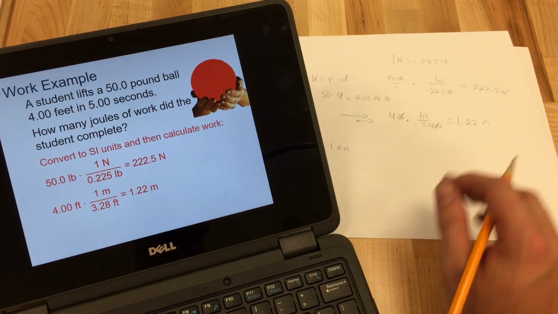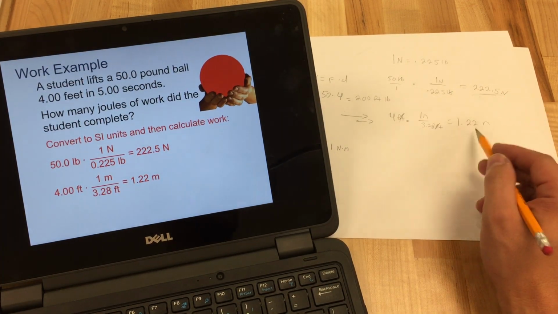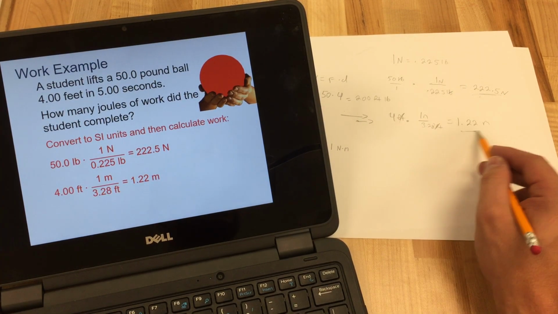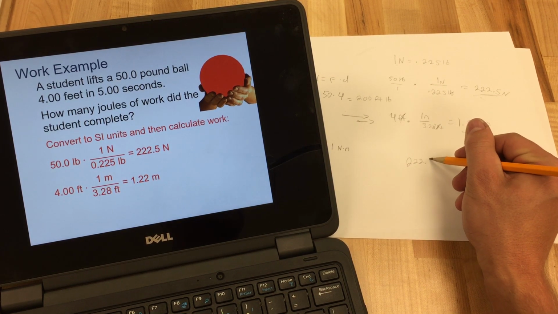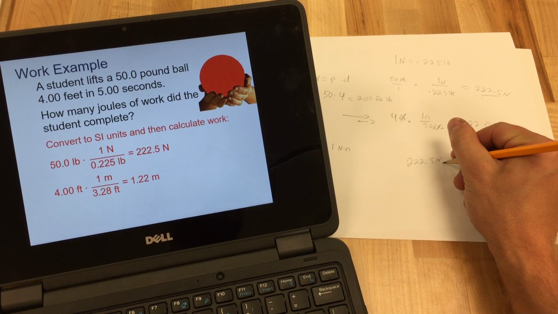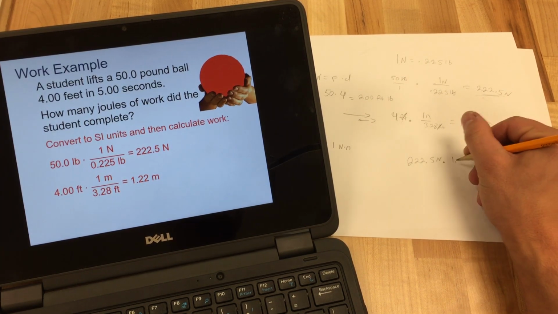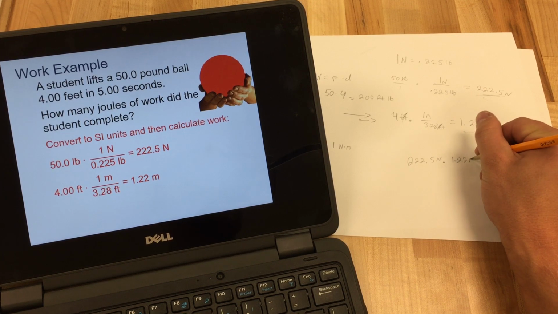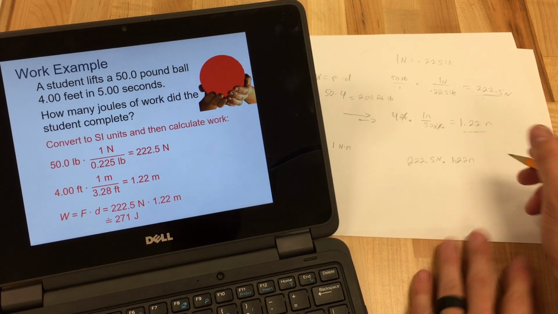Okay, so now we have our force and we have our distance. So once again, 222.5 newtons times 1.22 meters.